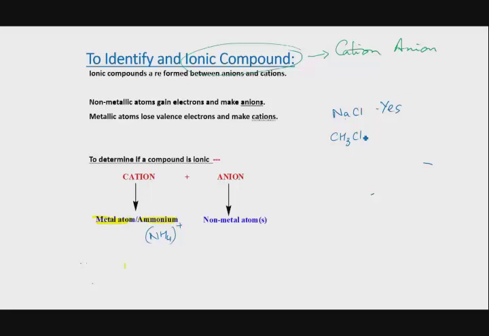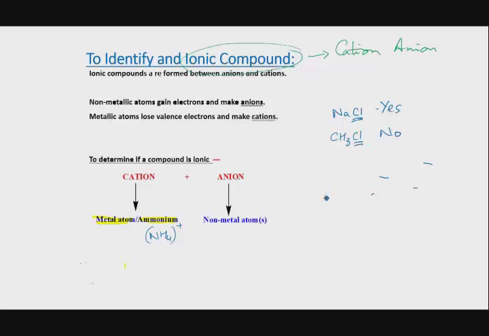Therefore, there is no cation. If there is no cation, can there be an anion? No, there cannot be an anion. So this compound is not an ionic compound, even though it seems like they have the same anion. So you either have both ions or you have neither. Please keep that in mind.